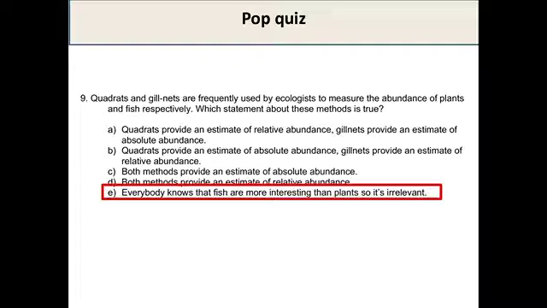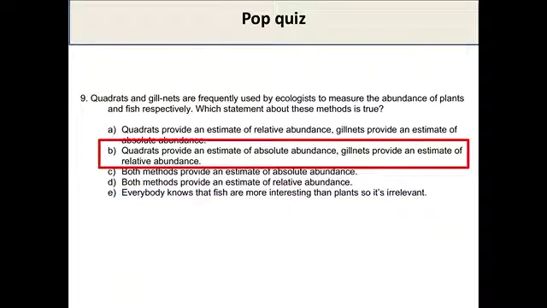Alternatively, quadrats provide an estimate of absolute abundance. Gillnets provide an estimate of relative abundance. Both methods give us absolutes. Both methods give us relative, and fish are more interesting, so that's pretty much the answer. We talked about these 2 methods.